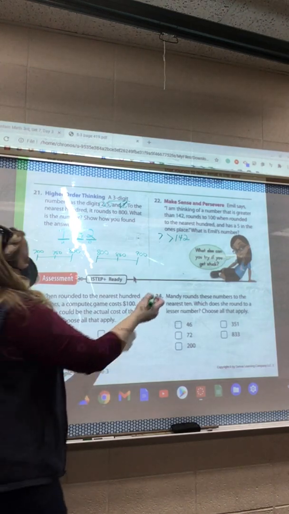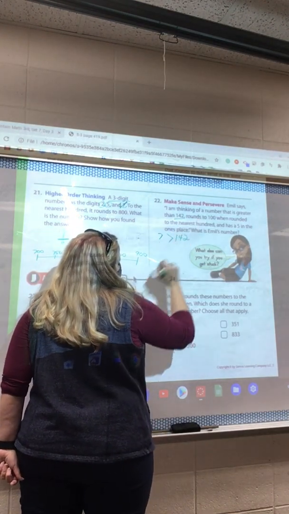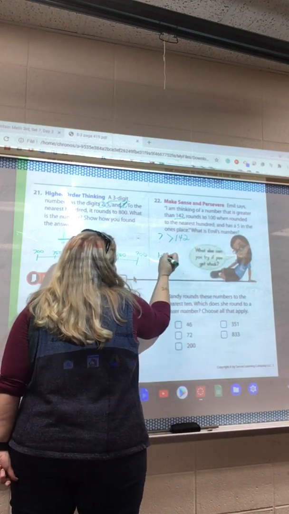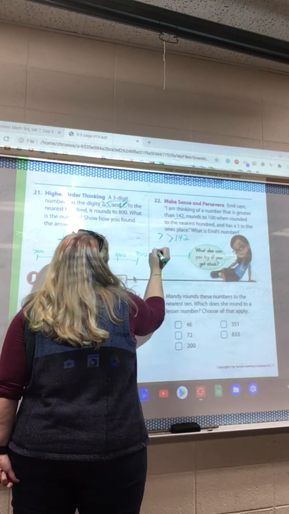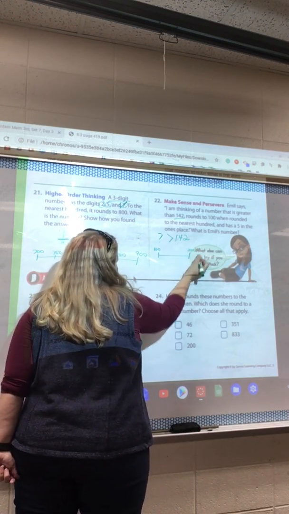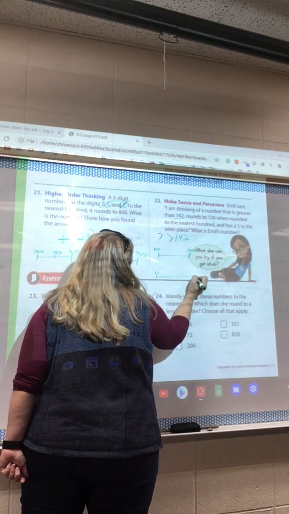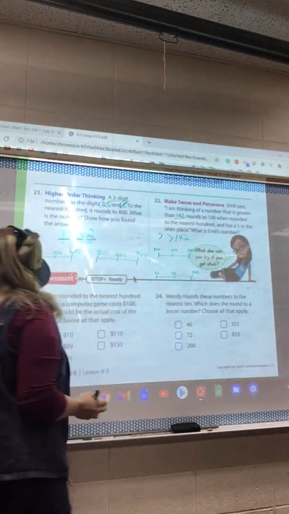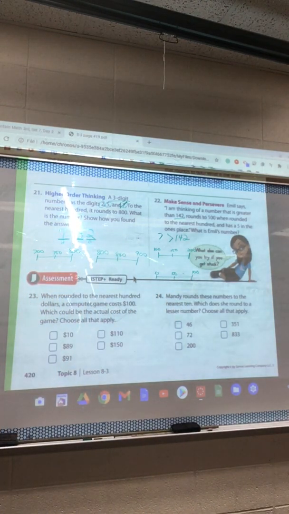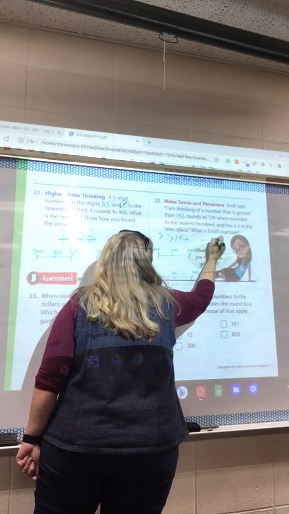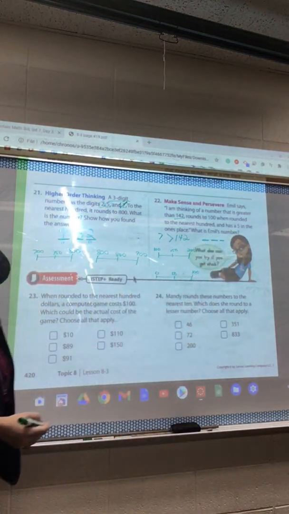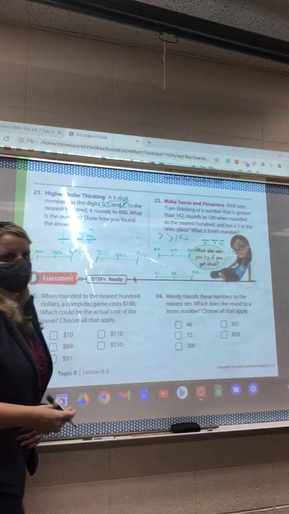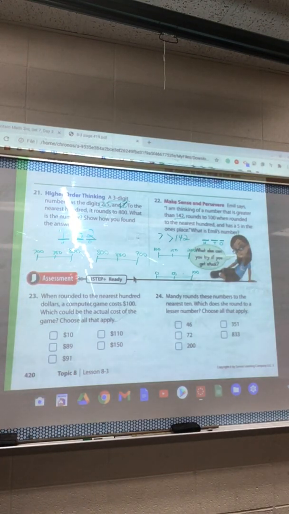So our number is greater than 142 and rounds to 100 when rounded to the nearest 100, right? 100, 200, or 0 possibly. And has a 5 in the ones place. So again, I need a 3-digit number. What could be in the 100 spot and round to 100? Heavenly? It'd be a 1.